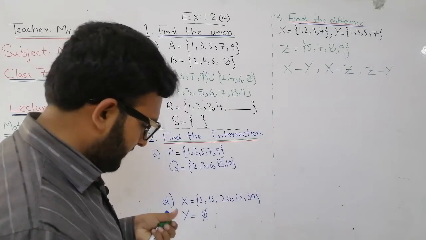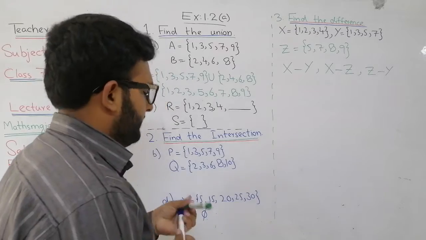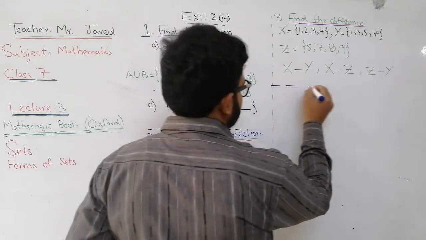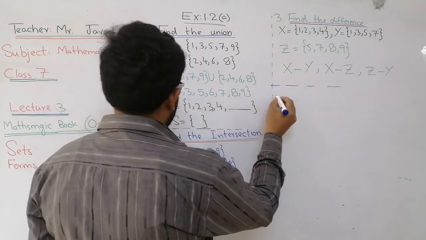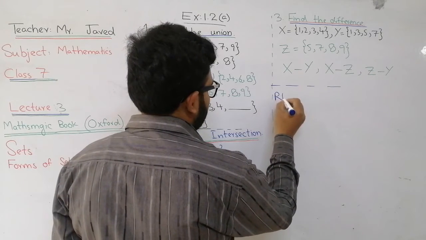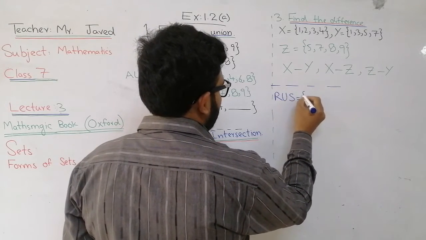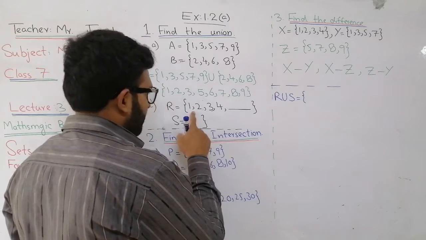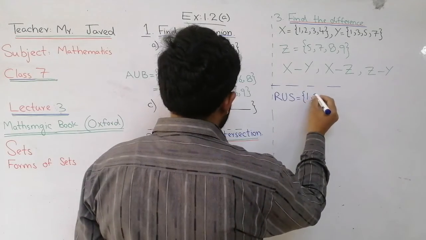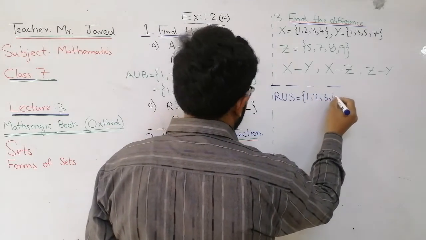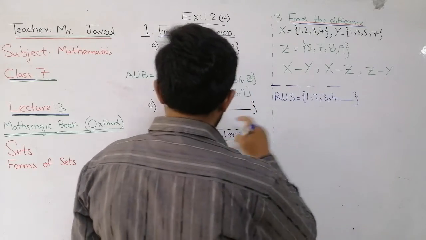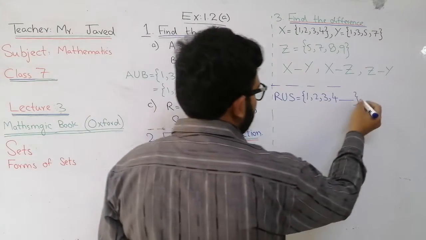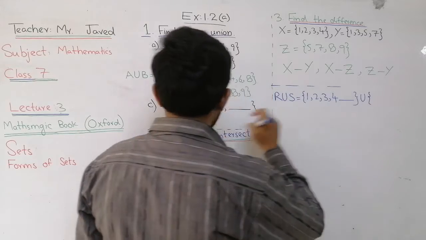Now this question C I will solve here: R union S. First of all I write R: 1, 2, 3, 4 and so on, and union S. What is S?